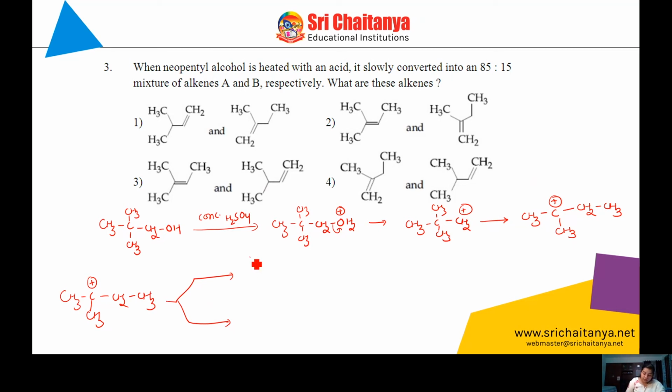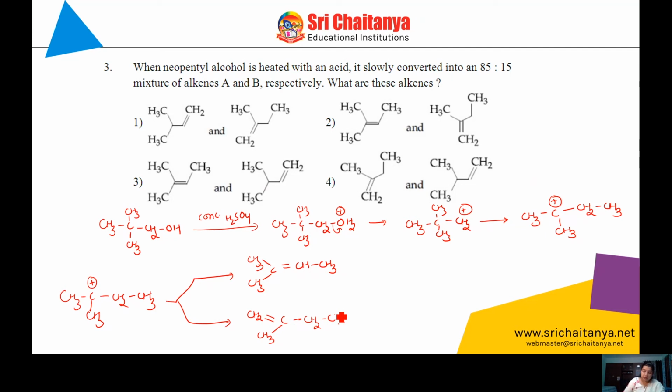So my major product is CH3C(CH3) double bond CH single bond CH3, and definitely I will have a minor product, which is this. Right? These are my choices.